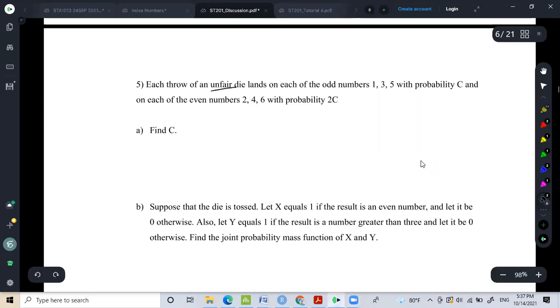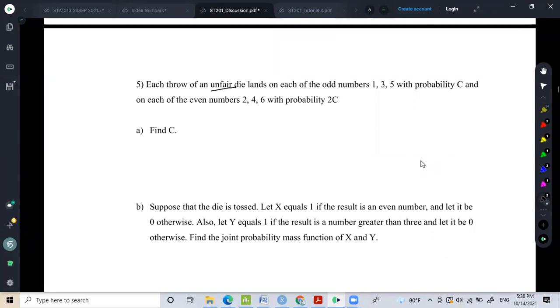It lands on each of the odd numbers, 1, 3, and 5, with probability C. Getting an odd number has probability C, and on each of the even numbers, that means 2, 4, and 6, the probability is twice that, 2 times C. Now you can see the difference between an unfair die and a fair die.